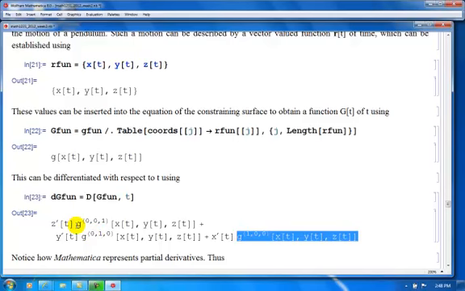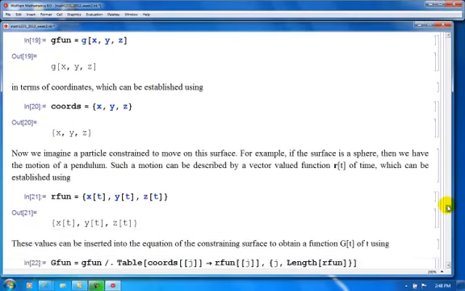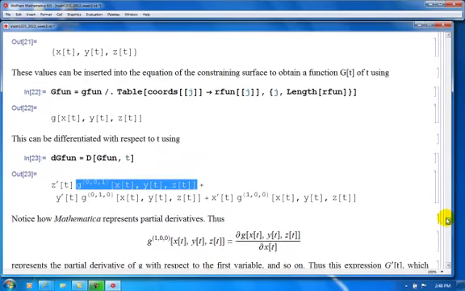These things here are the way that Mathematica represents partial derivatives. In other words, G110 represents the partial derivative of G with respect to the first variable, and so on.